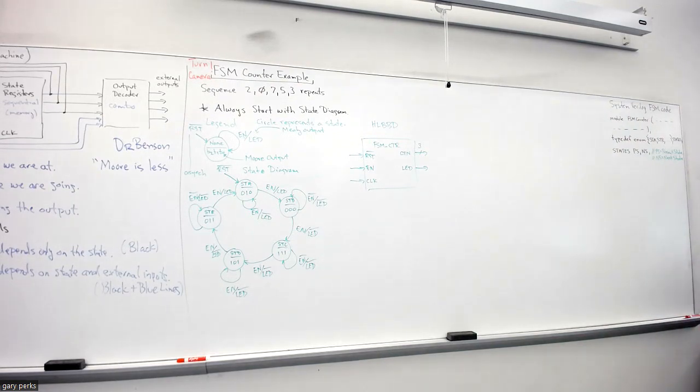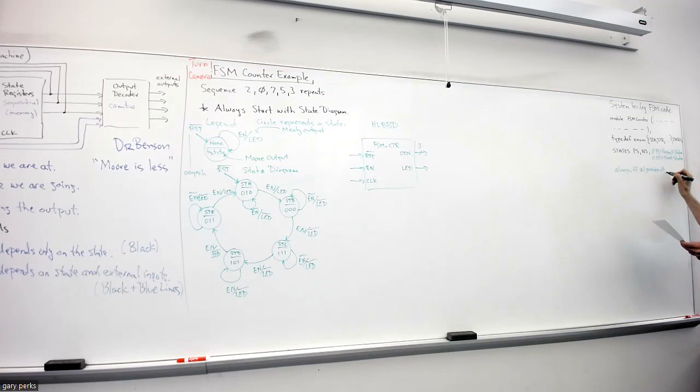Then the next thing that comes is an always_ff block. So always underscore ff, then the @ symbol. Then inside the parentheses here, we're going to have posedge clock.